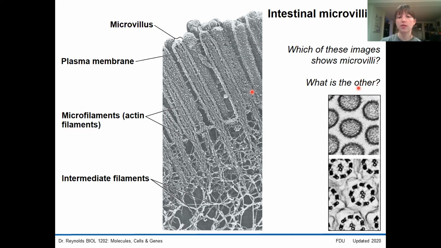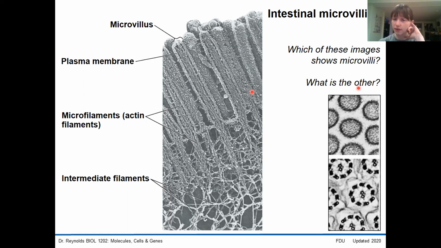Whereas if you compare the bottom, we have that distinct central doublet pair of microtubules. These are much larger in diameter. You can even see the hollow rod-like shape, much larger, and then that ring of doublets around it. This is an example of cilia.